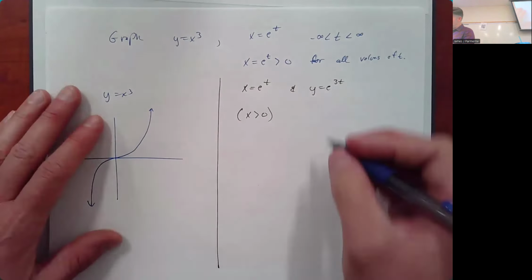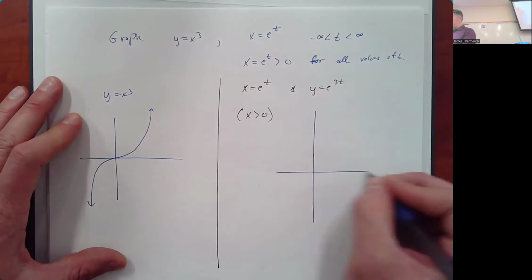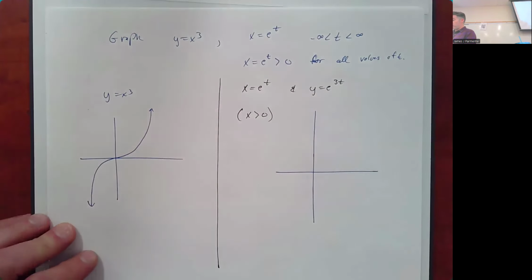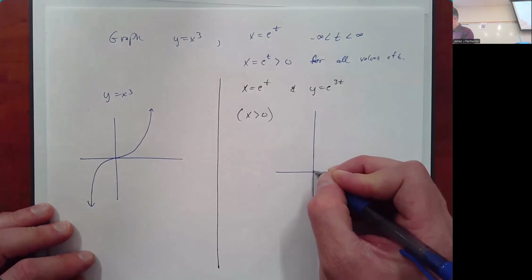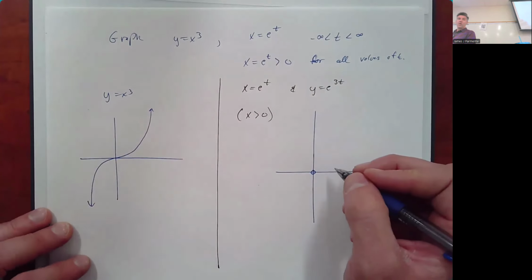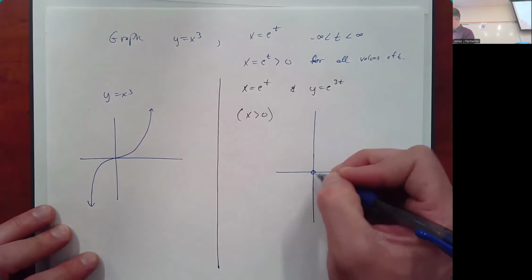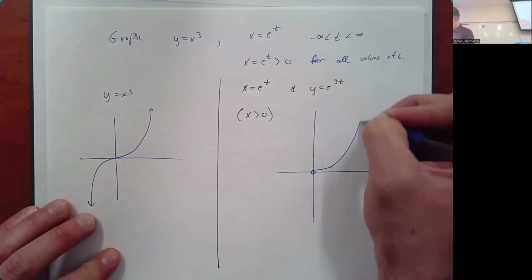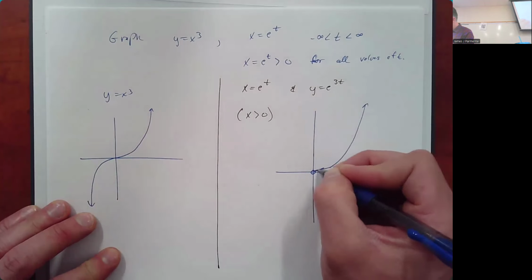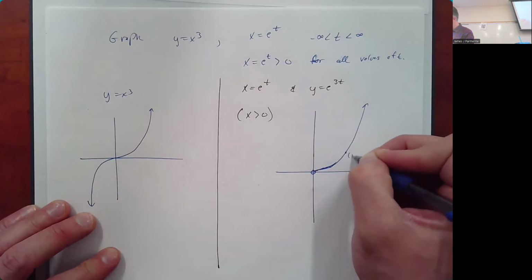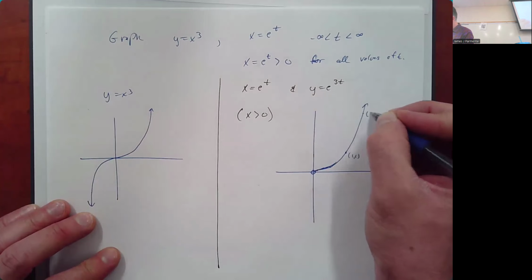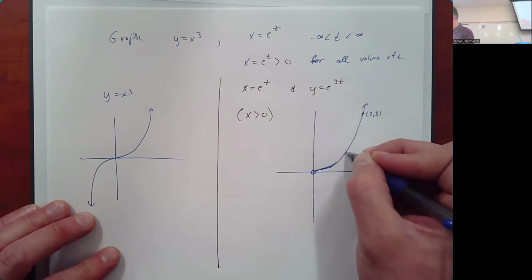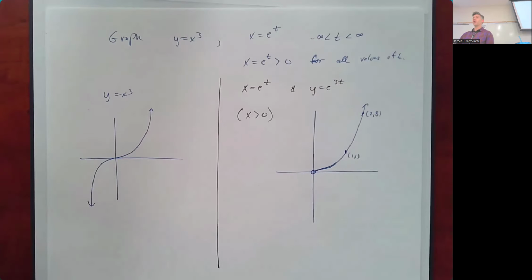So when we graph this, it's going to be the portion of this graph where x is greater than 0. So it's going to start, well, not quite at the origin, and then it's going to do the usual kind of shape. So that's what the graph looks like. You get point 1, 1, you get point 2, 8, and so on. But it's just that portion of the graph of y equals x cubed, which is a little strange.